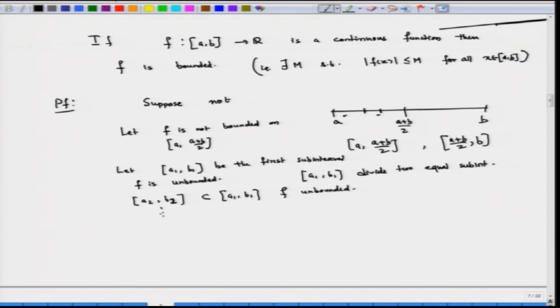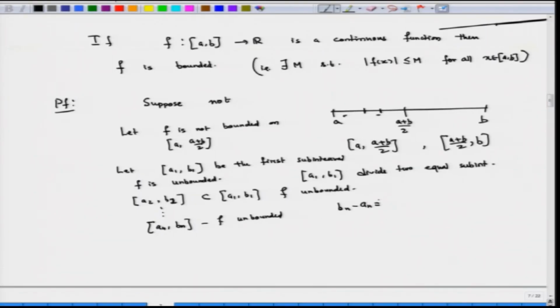I continue like this. So, I will get [an, bn] with f unbounded. From [a, b] I again divide it into two equal parts, and I choose one part in which f is unbounded.